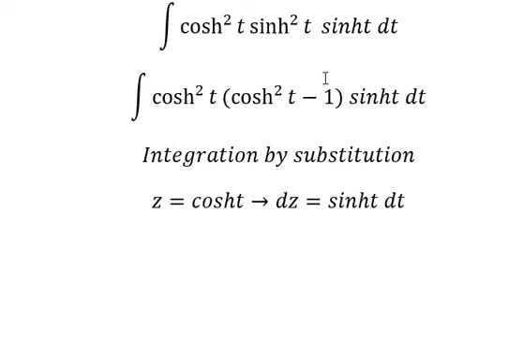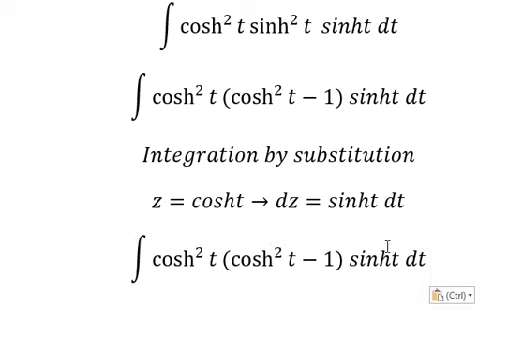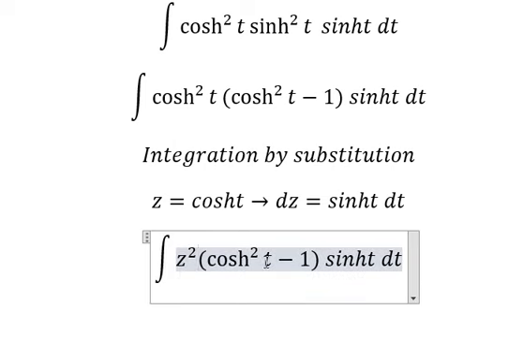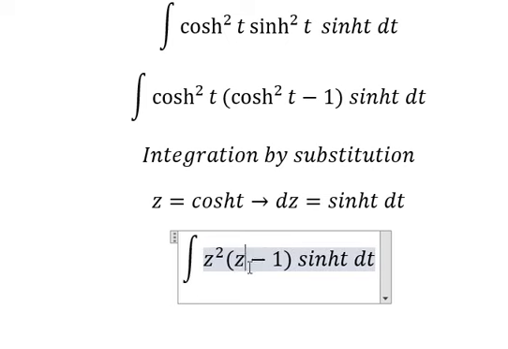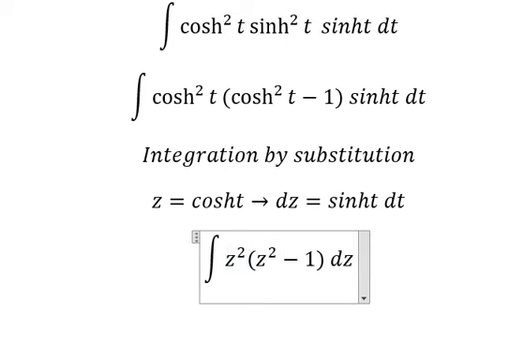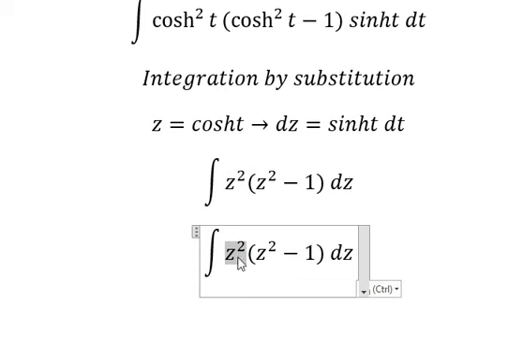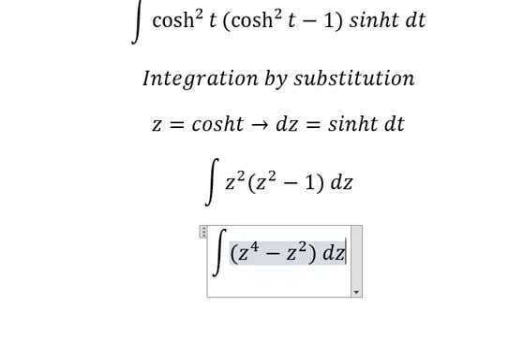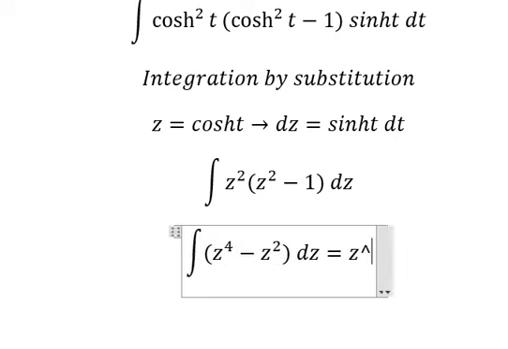So this one is z square. This one is z square. This is dz. And now this one multiplied by this one and number 1. So we have the final answer.